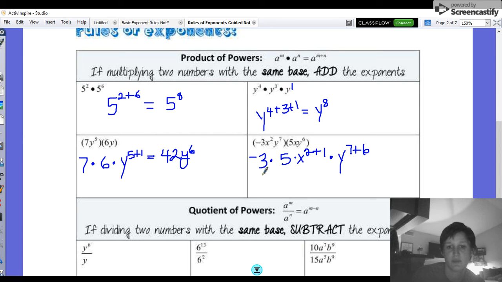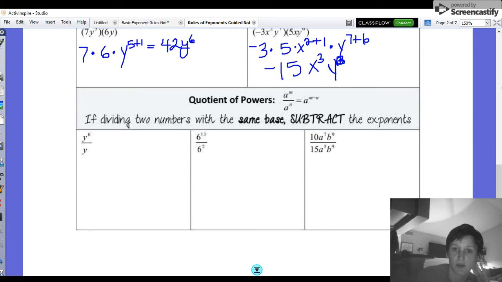So simplify that. -3 times 5 is -15. And x to the 3rd, 2 plus 1, times y to the, is that 13? Hopefully you can see that. It's kind of messy. 13, that's a 13. All right, so that's a quick review of product rule.